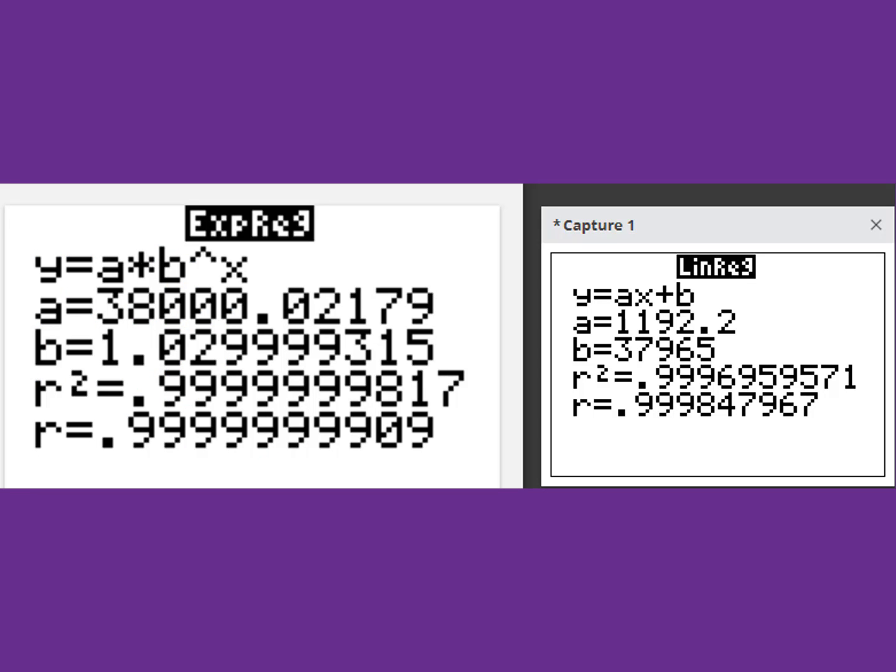Now we already know the meaning of R squared and R. Just compare this exponential regression equation and linear regression equation. We know for the exponential regression equation, this R is greater than the linear one. Therefore, exponential regression is the best fit.